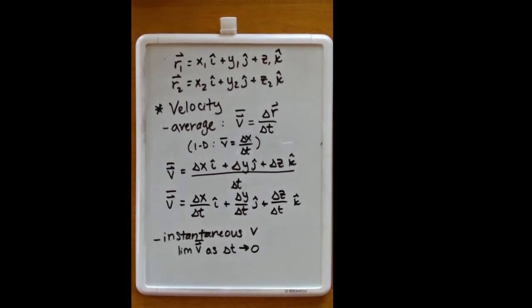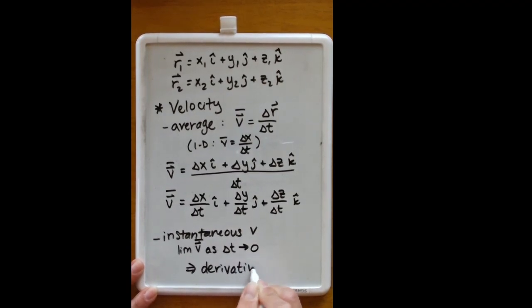So when there's no change in time, it's at this exact instant in time right now. As delta t goes to 0, what this means for us is that we're going to be taking the derivative, or we're going to write it as a derivative.